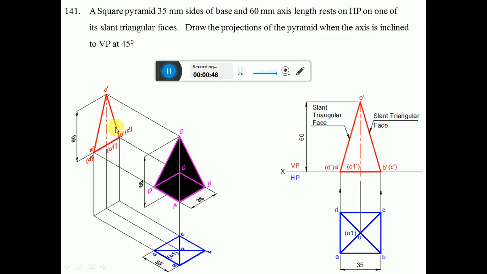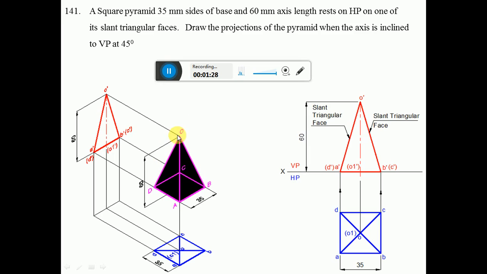So the slant triangular face is going to be perpendicular when one of the base edges containing the triangular face is perpendicular to VP. That itself is going to suffice the condition. You can see here, BC is the base edge which contains the slant triangular face OBC, and similarly AD is the base edge which contains the slant triangular face OAD, and that OAD has to be perpendicular to VP.